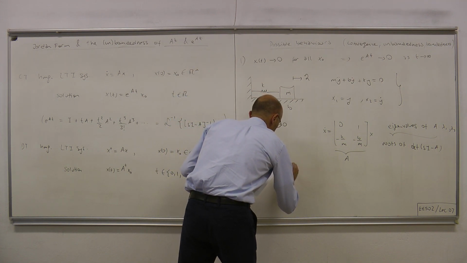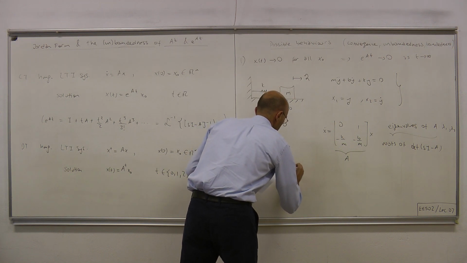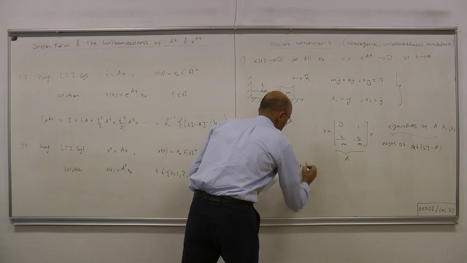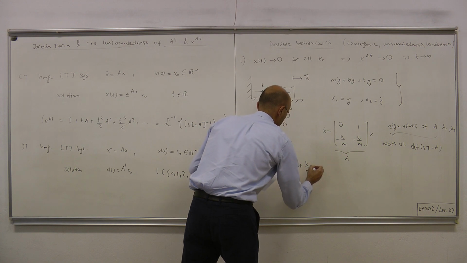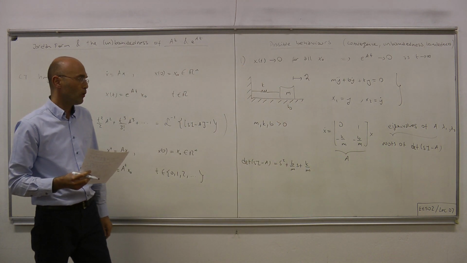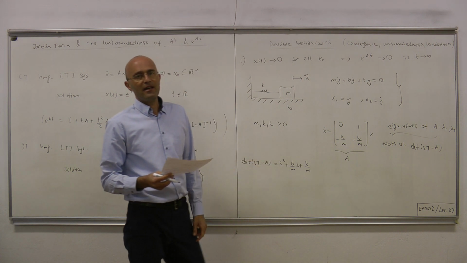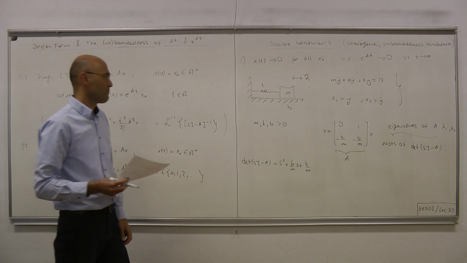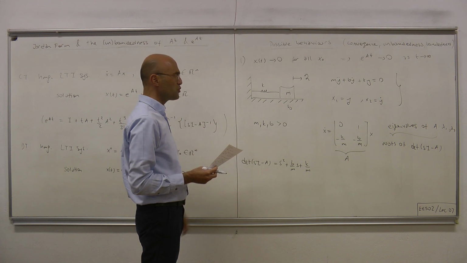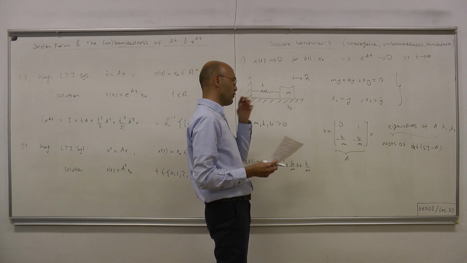It equals s squared plus b over m s plus k over m. So that's our characteristic polynomial. And since it's a second order polynomial, we can exactly write down the roots, but there's no need for our purpose.